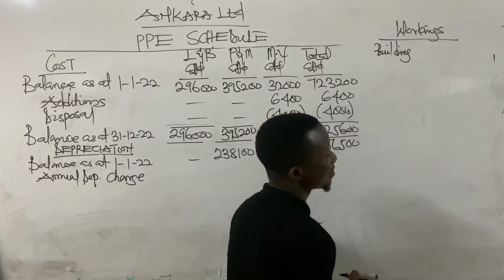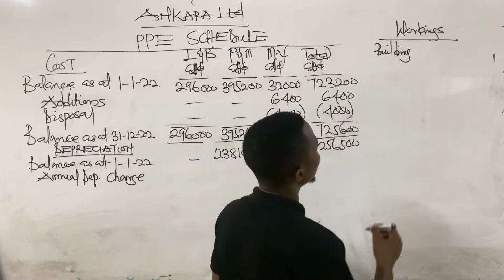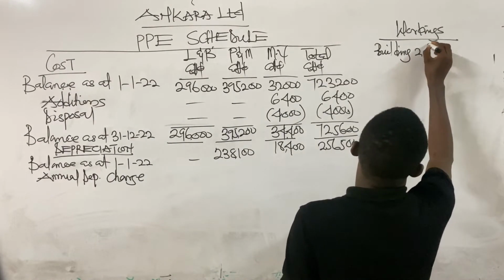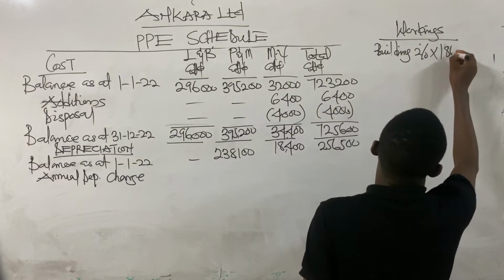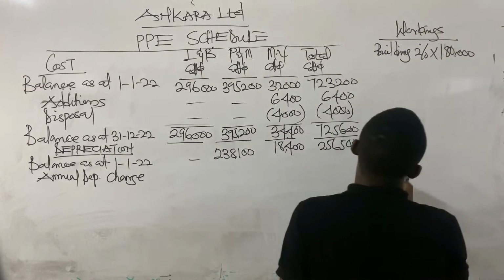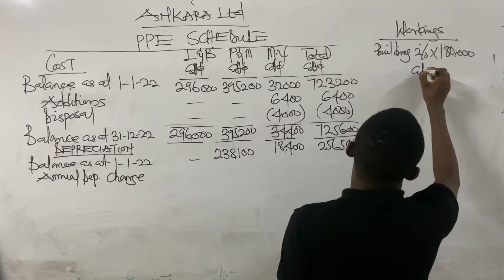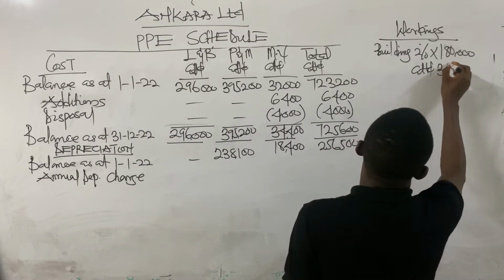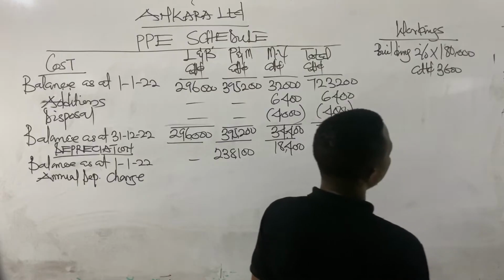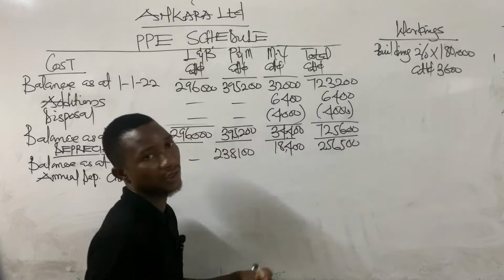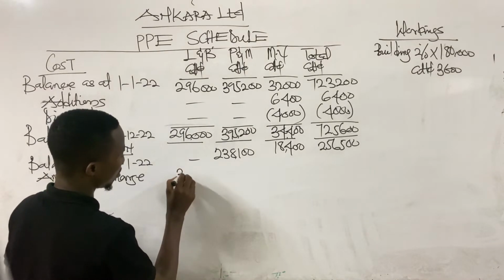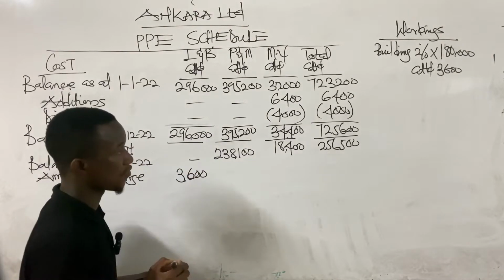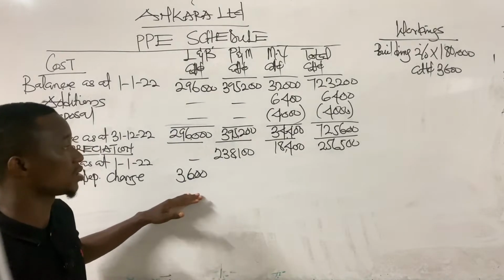The building represents 180,000 and we are applying 2% on the 180,000. This will give us 3,600 as the annual depreciation for building. So we come and write the 3,600 as the annual depreciation for building.